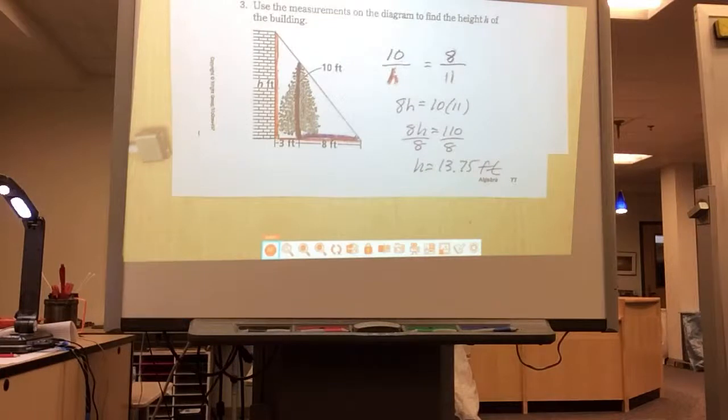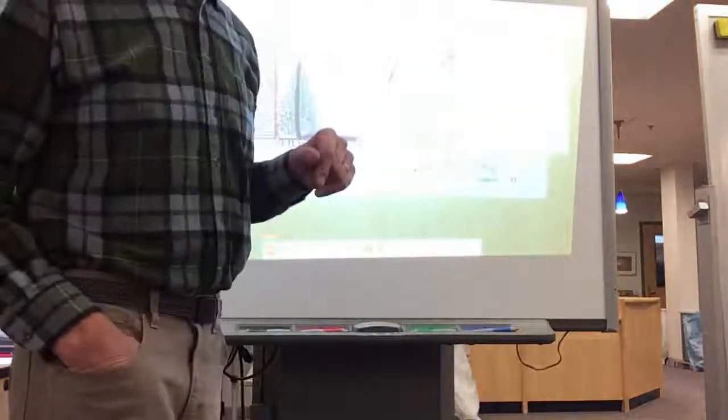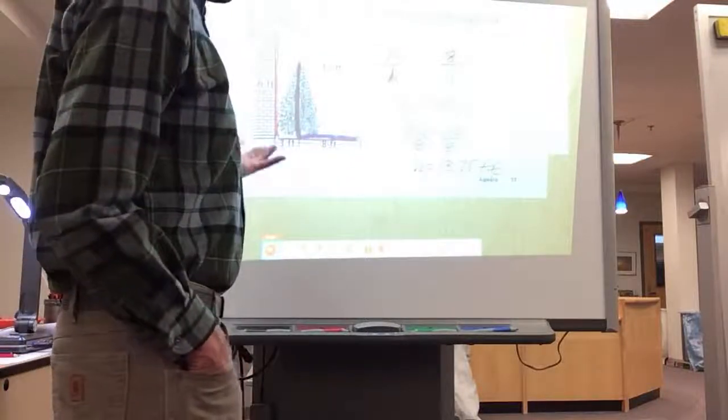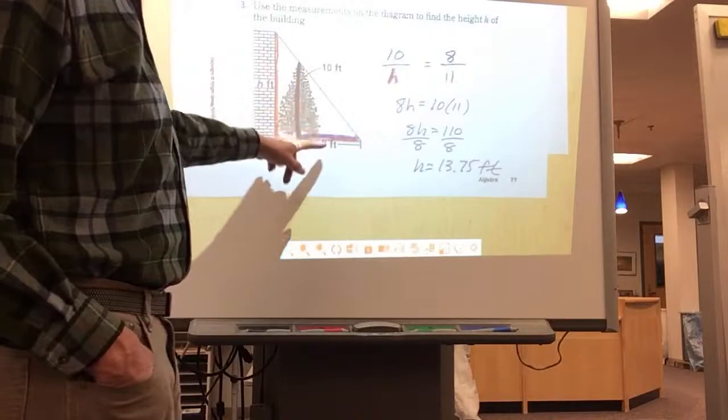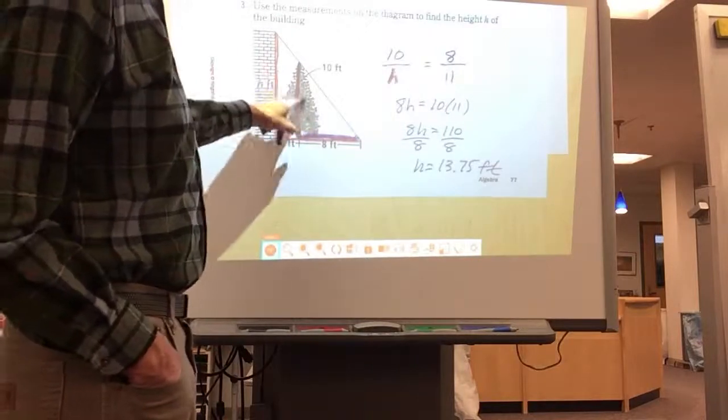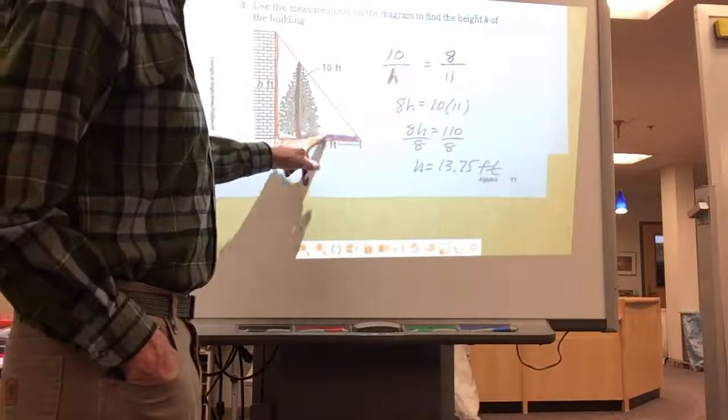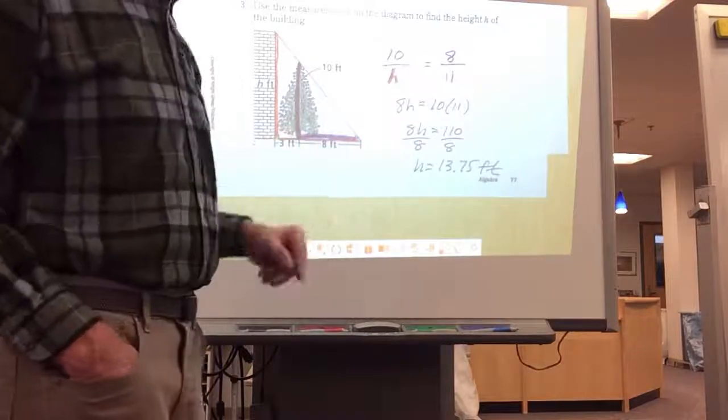Okay, now, there's some terminology that comes out of the book that we didn't really talk about. Something called ratios of similitude. These are similar figures. So a ratio of similitude would be comparing the 10 and the h to the 8 and the 11.